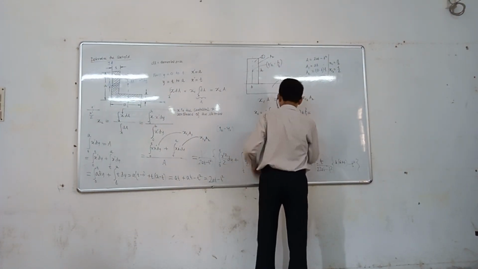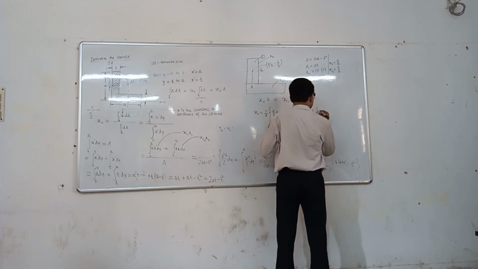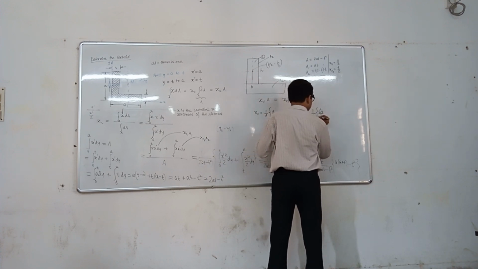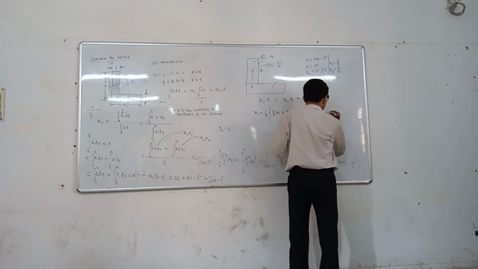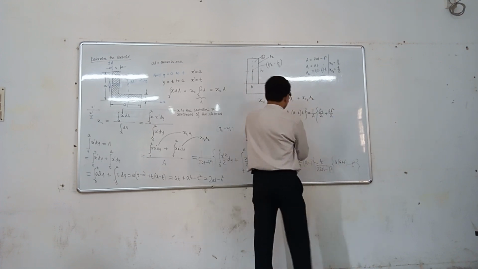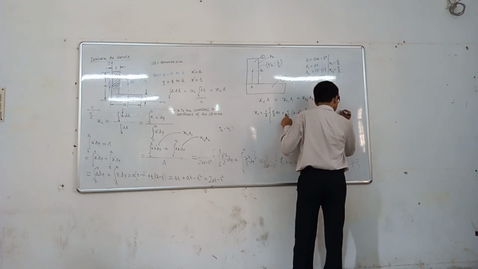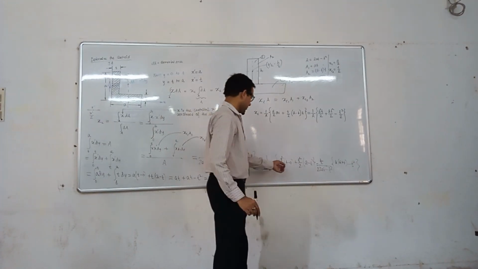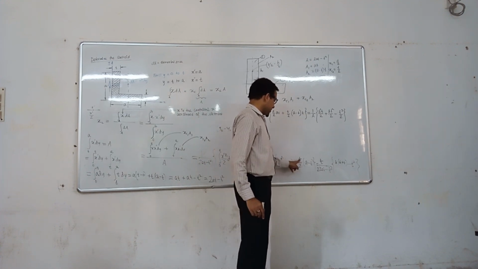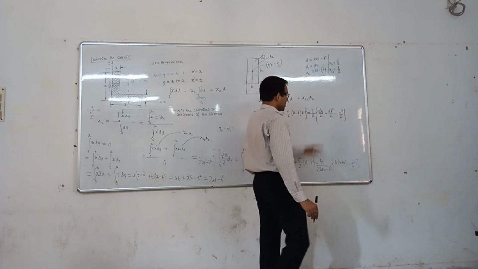So what is that? 1 by A, a squared t by 2 plus a t squared by 2 minus a t squared by 2 minus t cubed by 2. তাই তো ছিল এখানে, a squared t by 2 plus a t squared by 2 minus t cubed by 2. That is the same as this.